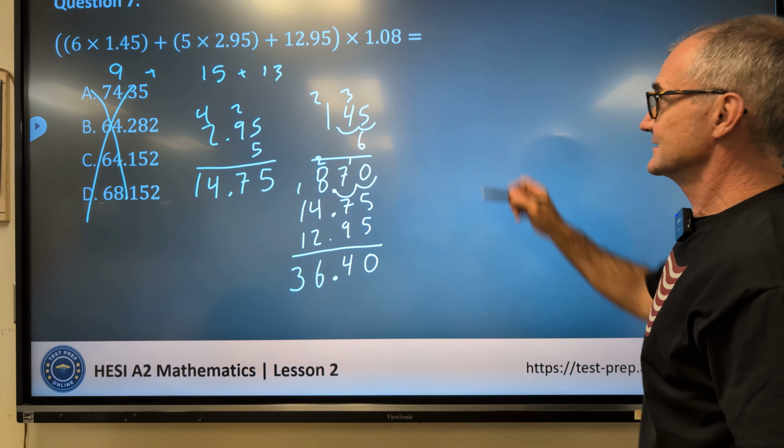Carry the 1. Big number, but I got to remember my decimal place is over 1, 2, 3. So I go over 1, 2, 3. And my correct answer is 39.312. And remember, we were expecting something like a little bit more than 37 or something like that.